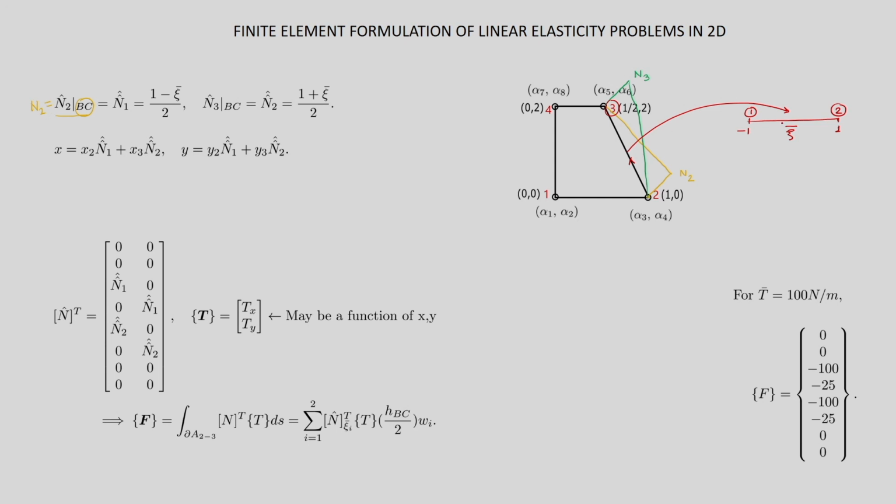To map this edge BC, we will use the shape functions defined in the one dimensional master element. One is 1 at the first node and 0 at the second, and the other is 0 at the first node and 1 at the second.